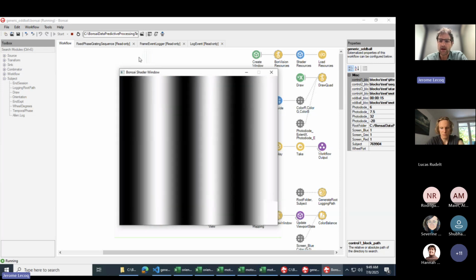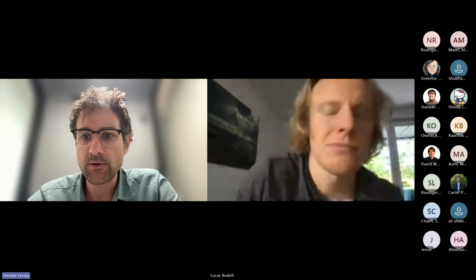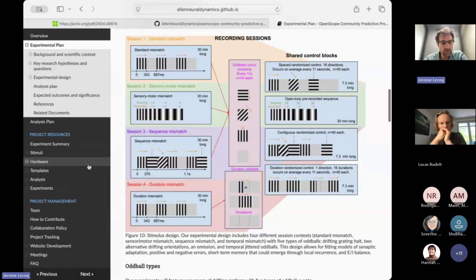Anybody here should be able to download the Bonsai files and run it.